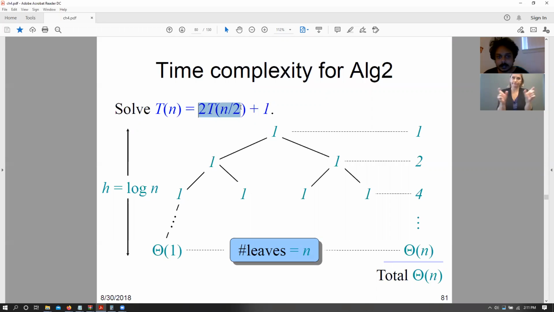So can someone tell me an algorithm which would have a complexity like this, where we divide our problem into 2, and then merging those 2 problems just requires constant time complexity? Some algorithm that we know. Like a tree traversal? Tree traversal, yes.